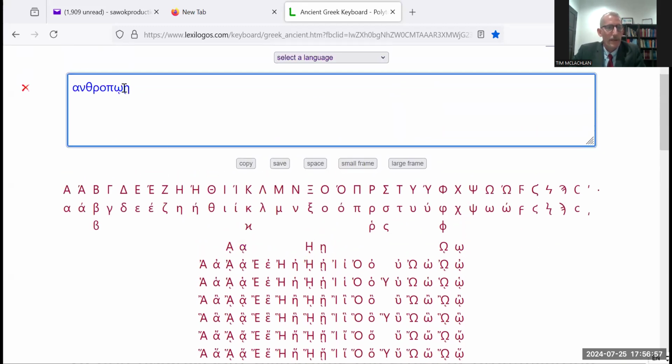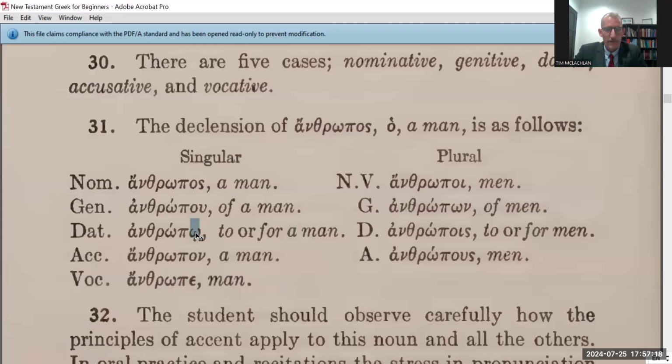Okay, that's the eta there. So these are the two most common ones with the iota subscript, and when it appears in the noun, when you see it like that, that's going to tell you that that's dative or locative or instrumental of means. That's the case. Okay, so that's where you see the iota subscript there.